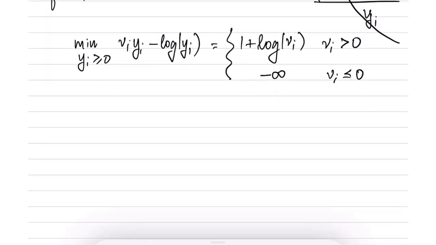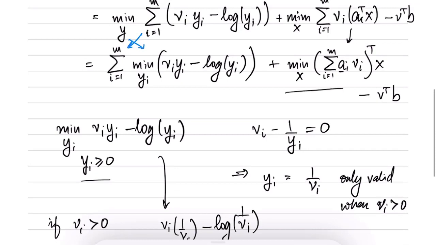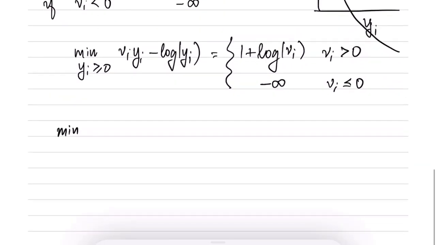So there is a scenario where the first subproblem turns out to be minus infinity, or unbounded below. Then let us come to the second part. So remember this is the second part: minimization with respect to x of summation i equal to 1 to m of ai nu i transpose x.